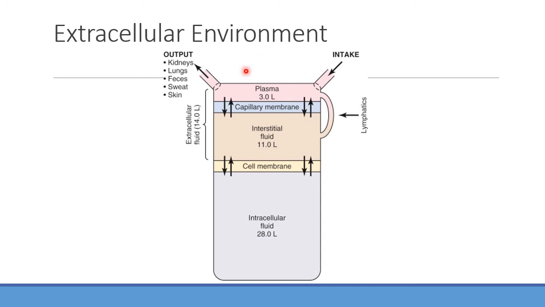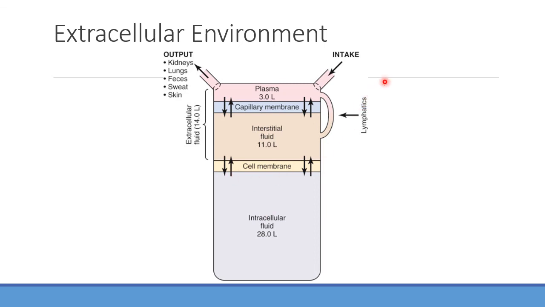But anyway, this is going to directly interface with the plasma, roughly 3 liters. Notice it's a very small compartment compared to a lot of these other spaces, but fluid is going to be going through the capillary membrane. That fluid can then interface with the interstitial fluid, which is surrounding the cells, and then based on the cell membrane, some of the solute dissolved in here can pass through, some may not, but that fluid can also interface with the intracellular fluid, right? So there are always going to be these shifts.